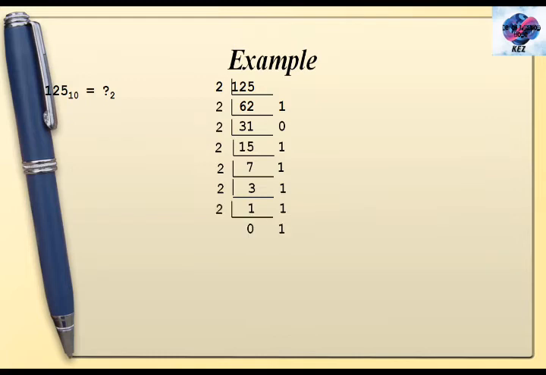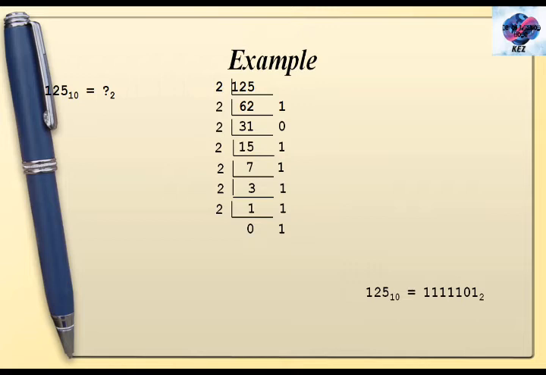Now what do we have to do? This 1 will again be divided by 2. Is it divisible? No. So the remainder comes as 1 and the quotient value is 0. Now from the bottom up we have to read: 1 1 1 1 1 0 1. That will be our binary conversion.